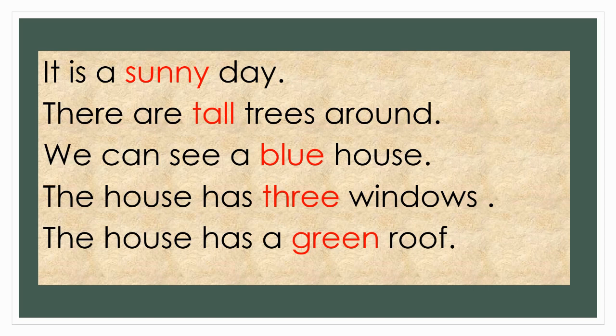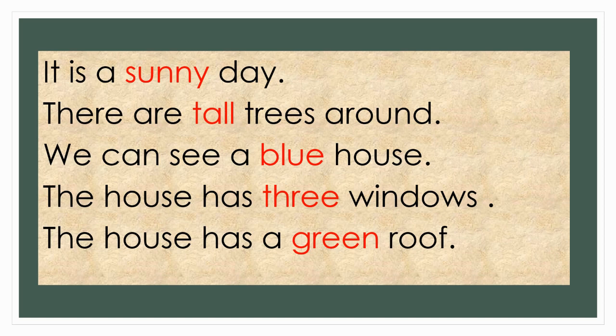And in the last sentence, the word green is an adjective as it is telling us the color of the roof, and roof is the noun, so it is describing the noun.